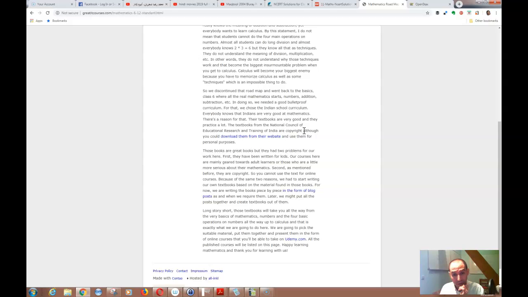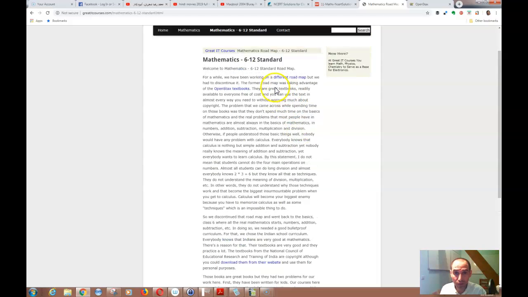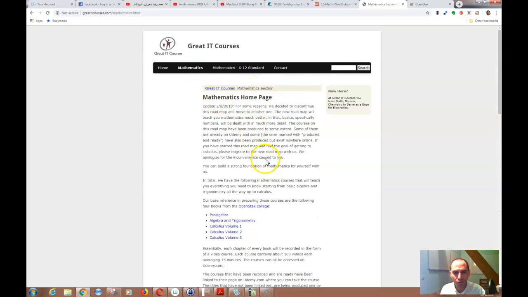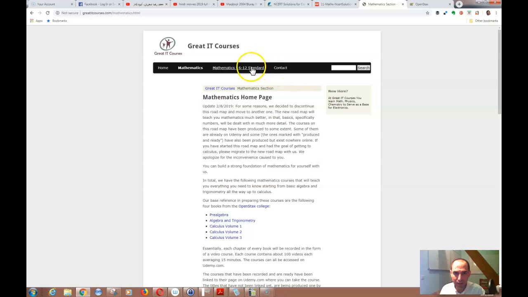Now what I'm going to do is create a new roadmap starting from mathematics class 6. I'm going to break down all of these chapters into module 1, module 2, module 3, module 4, all the way up to the last part of class 12.